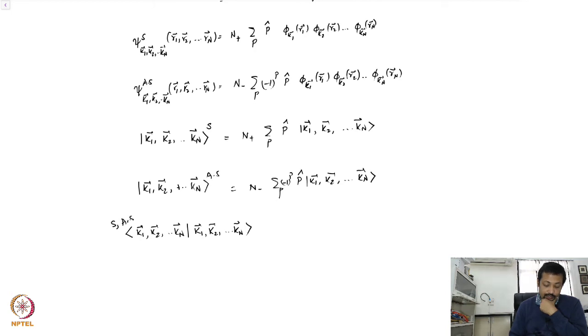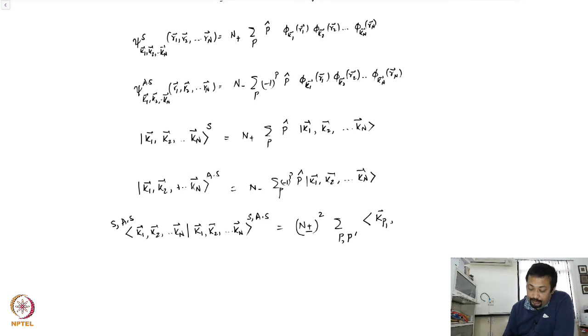For symmetric as well as antisymmetric, we have N plus minus whole square, and I will have the sum over P and the sum over P prime, so two possible permutations, and then I'm going to have <k p1, k p2, k pn | k p1 prime, k p2 prime, k pn prime>.